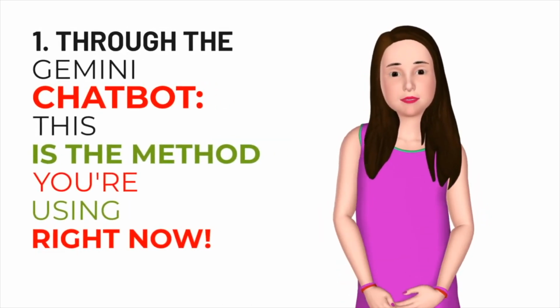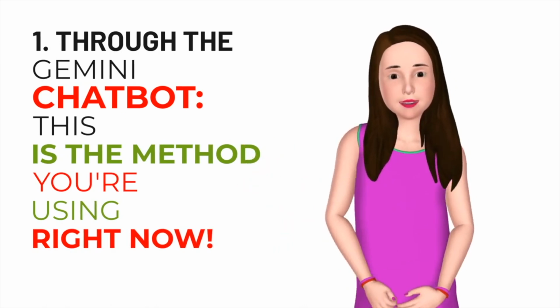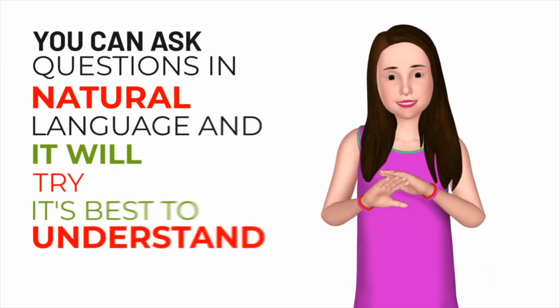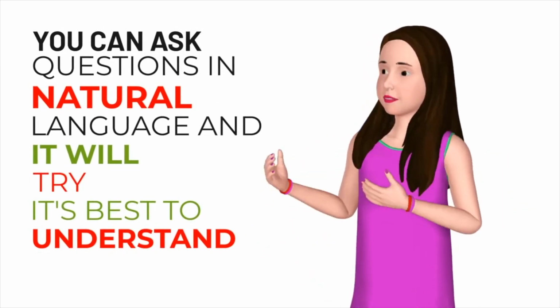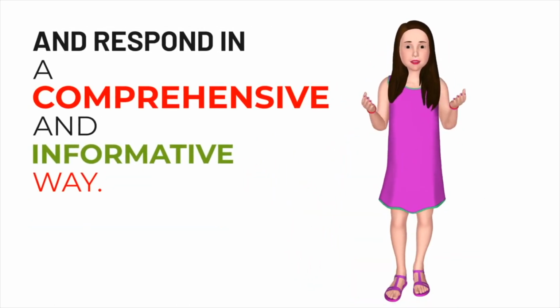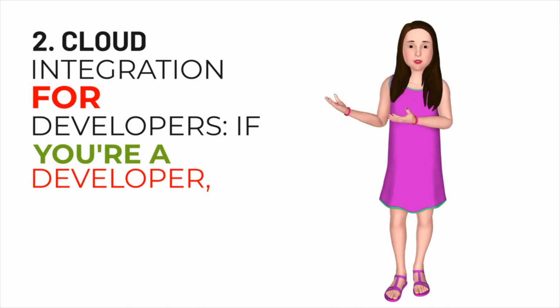One, through the Gemini chatbot. This is the method you're using right now. You can ask questions in natural language and it will try its best to understand and respond in a comprehensive and informative way. Two, cloud integration for developers.